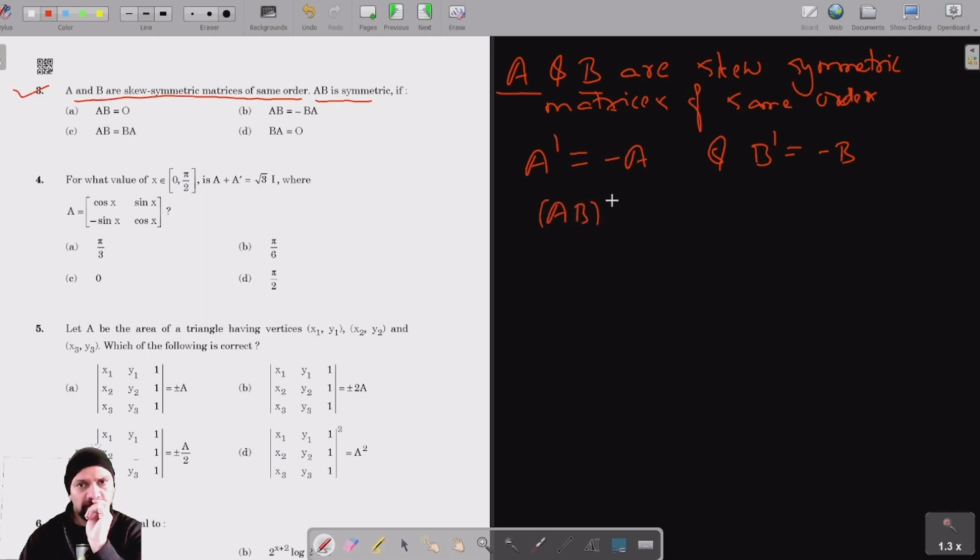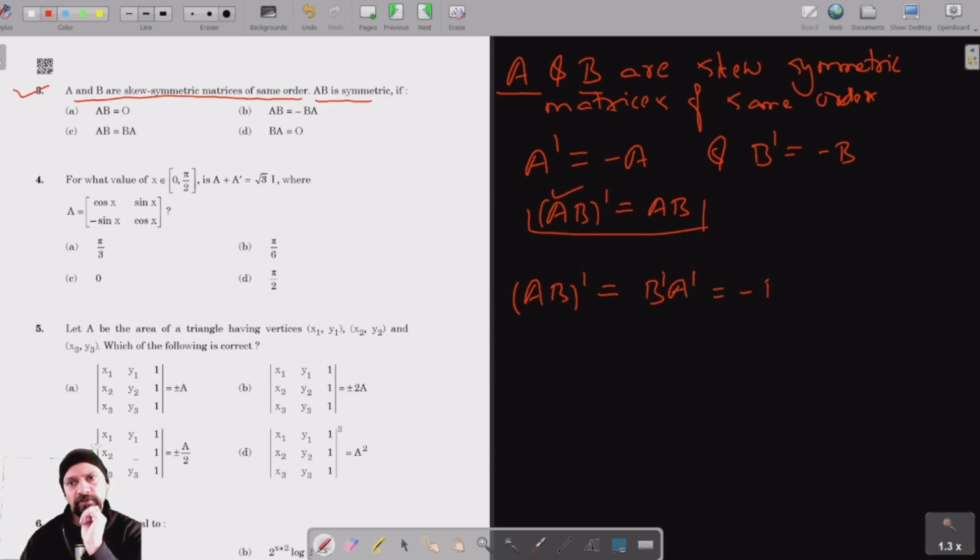We know that AB is symmetric when AB transpose is equal to AB. So this should be the condition. Now let's find AB transpose. AB transpose is equal to B transpose into A transpose, and B transpose is negative B, A transpose is negative A, which is equal to BA.